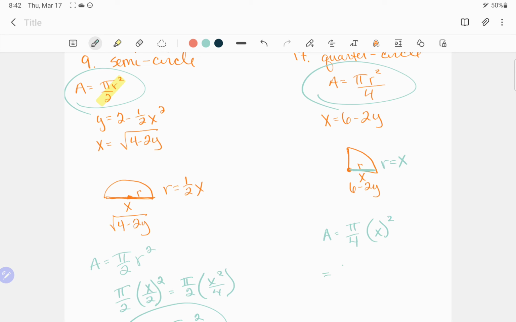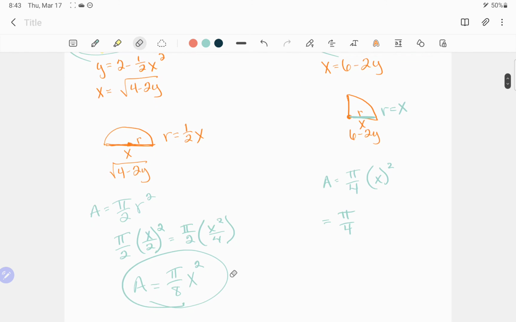We said that. So in this case, it's pi over 4 times 6 minus 2y squared, right? And actually, I got ahead of myself. We're just right now simplifying with x like we did over here. Oops, I didn't mean to be erasing. So here we just simplified to x. I'm going to keep the x. So it's pi over 4 times x squared, and that doesn't simplify any further. So this is actually just the formula, pi over 4 x squared.